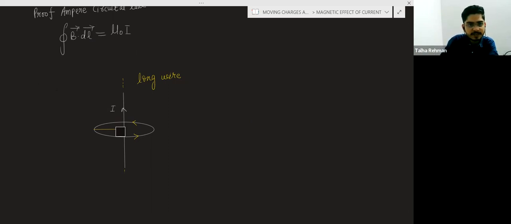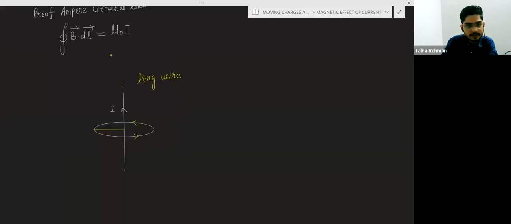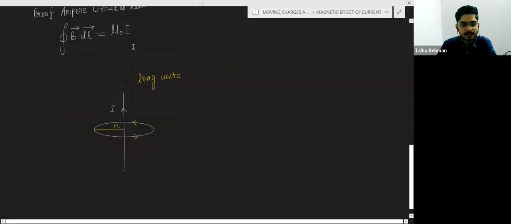of radius small r. Now see the loop, and this current carrying wire is passing through the center of the loop.